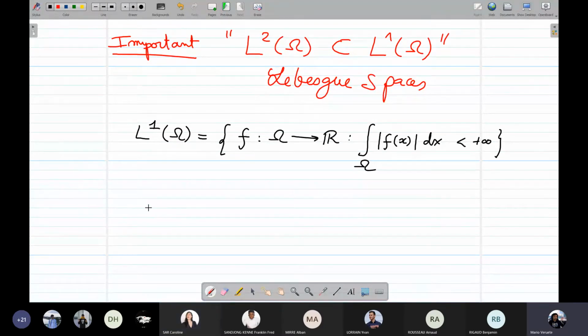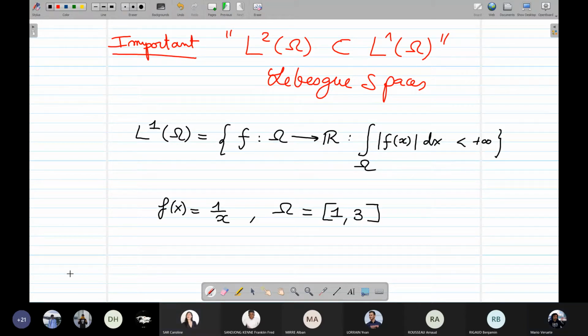Can you please tell me, if I consider the following function, f of x equals 1 over x, and omega is the interval 1, 3, is this function in L1? Is f in L1 of omega? Yes.